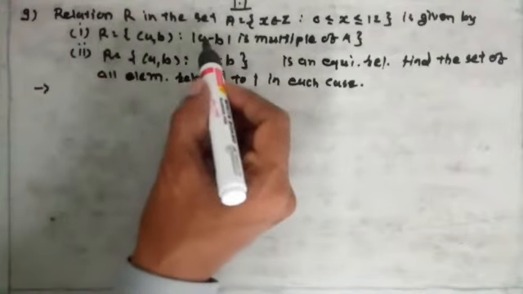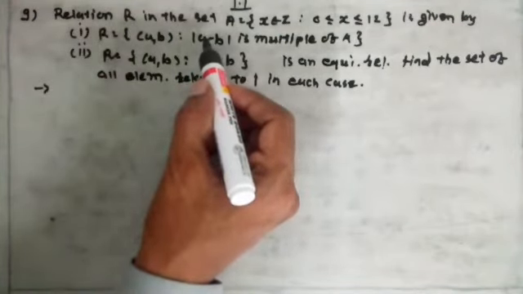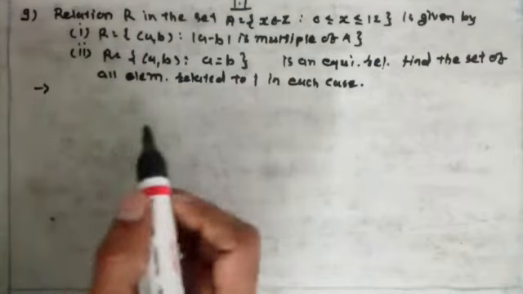First, we prove that the first relation is an equivalence relation.